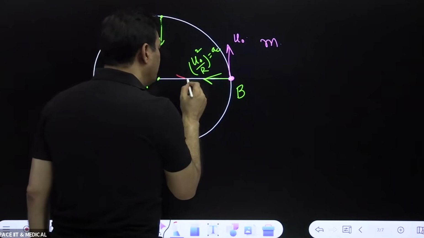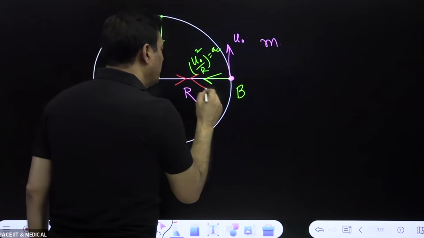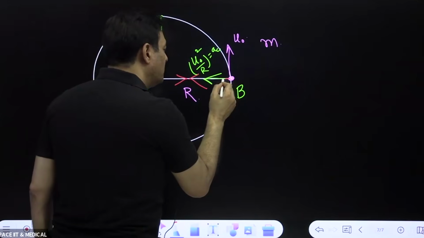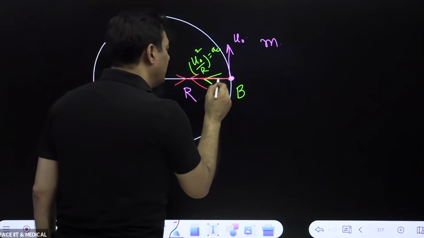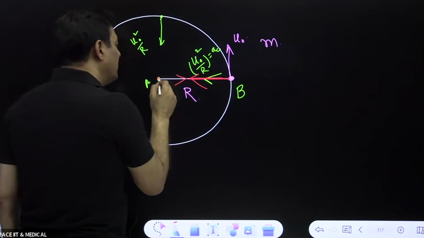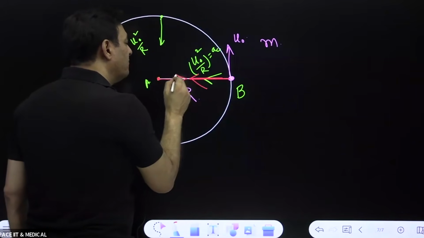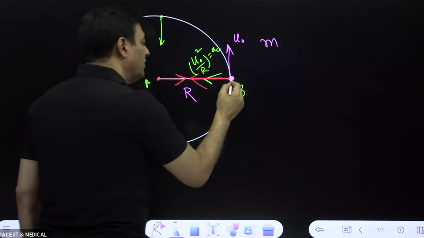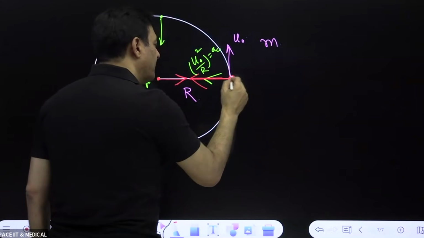Let's assume the tension to be T. We mark 2 arrows pointing towards each other. The tension is pulling the body towards the center, and pulling the center towards this side, but we are making a free body diagram of this body.